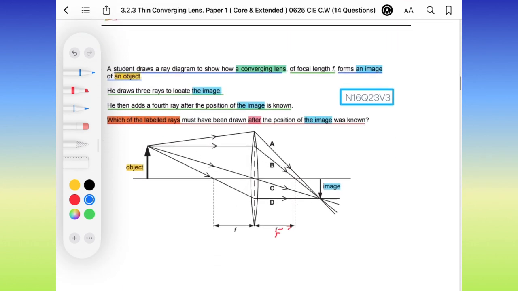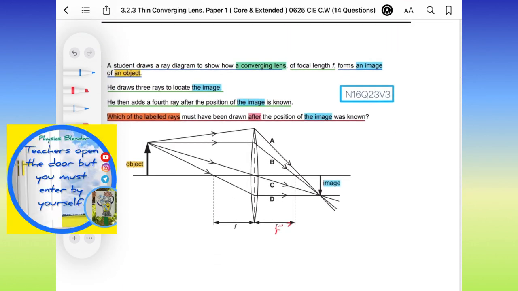Back to the standard rays. Question 3 is discussing what we call the 3 standard rays. You can draw many rays coming from the object, and where these rays refract and intersect, you can find the location of the image.